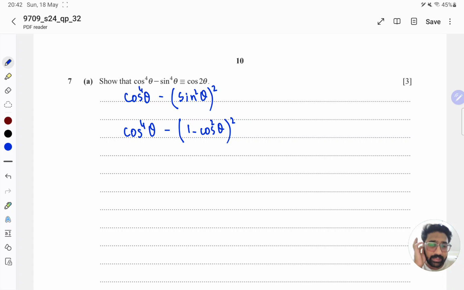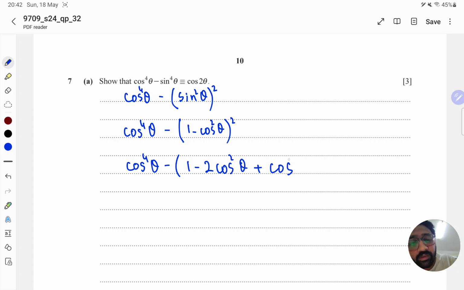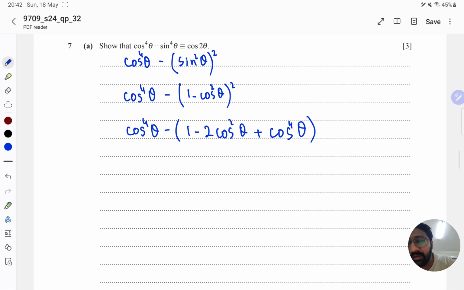Now we can do the expansion of this bracket. So it will become cos power 4 theta minus, 1 plus, also we have to do the expansion, so it will be 1 minus 2 cos square theta plus cos power 4 theta. Now if I further simplify, cos power 4 theta minus 1 plus 2 cos square theta minus cos power 4 theta.